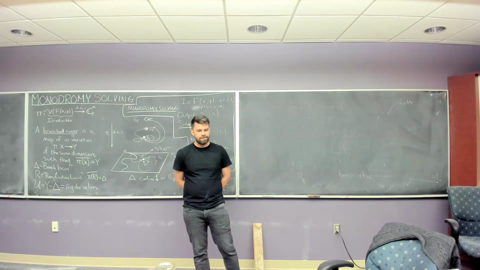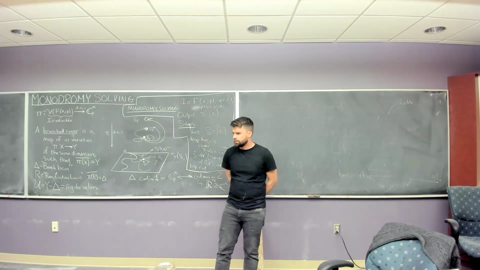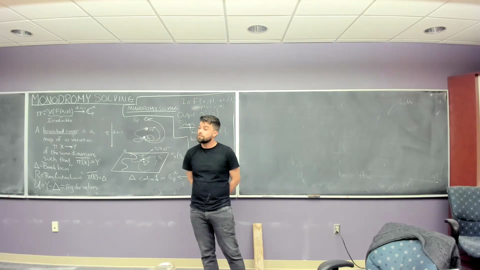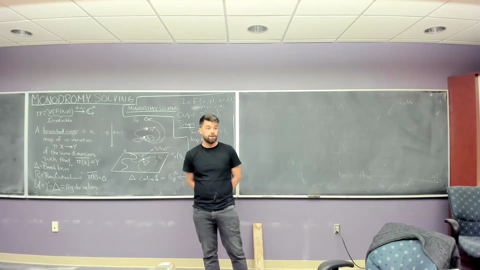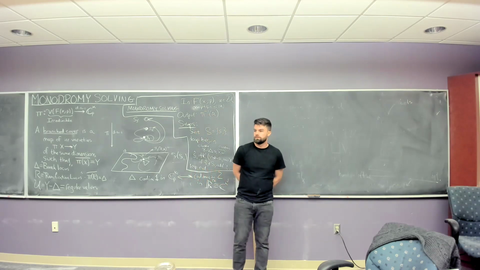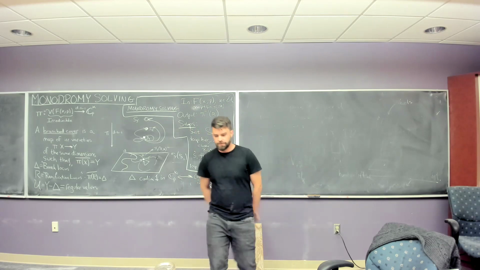What if the image of the monodromy homomorphism is just the trivial group? Uh-oh. We need something special about this monodromy group for this process to even have a shot at working. What do we need for that group?